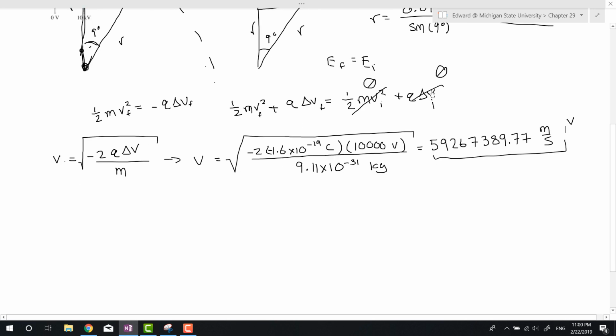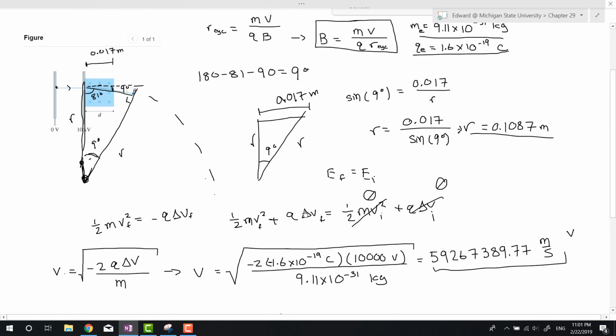So B is equal to the mass of an electron, again, that is 9.11 times 10 to the negative 31 kg.